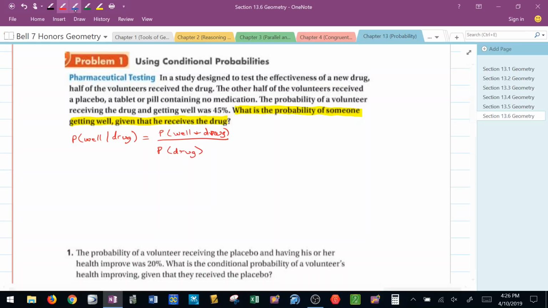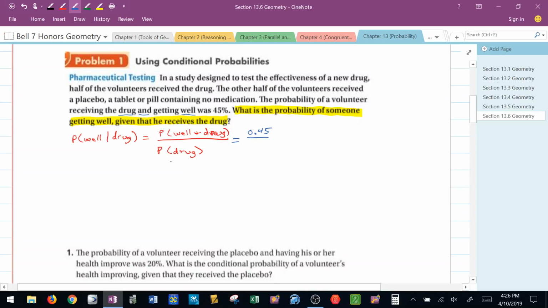Now I'm going to take the data in the description and put it in here. The probability of drug and well was 45%, so I'm going to write that as a decimal.